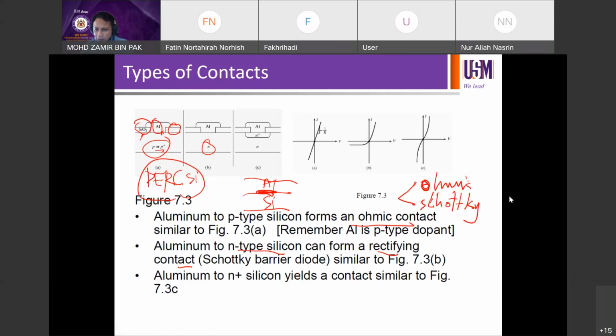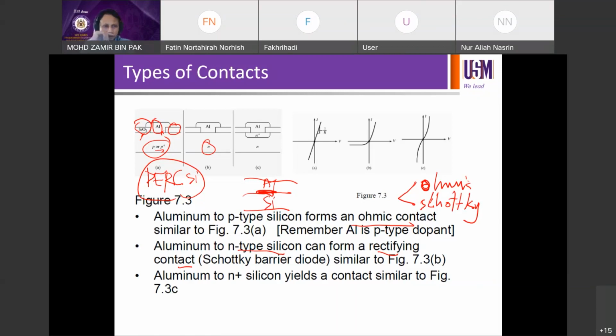Okay, Faris. Schottky, one direction. One direction of what? Faris? Apa yang one direction tu? Right, current flow is one direction. That's why we call it rectifying, right? Rectifying means it only allows the current to flow in one direction. Okay. On the other hand, the ohmic is two direction.